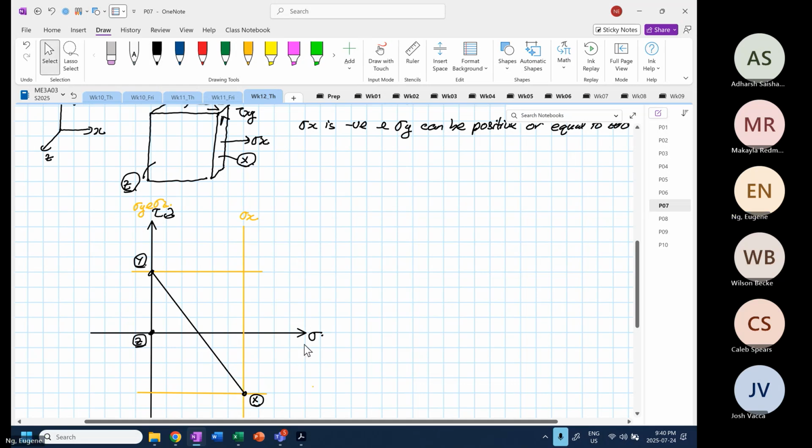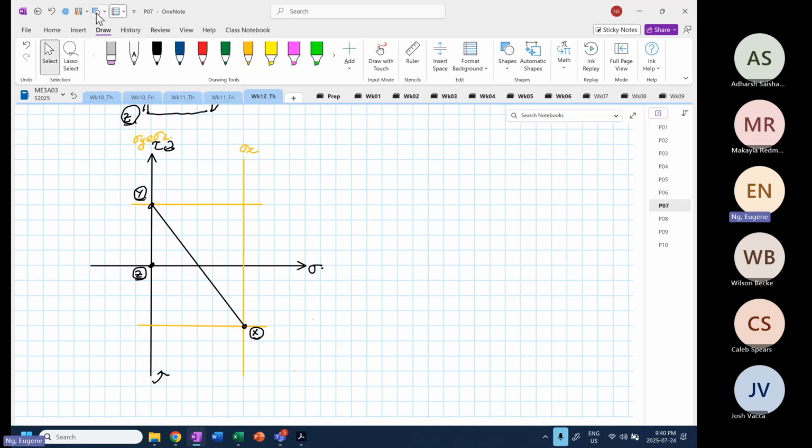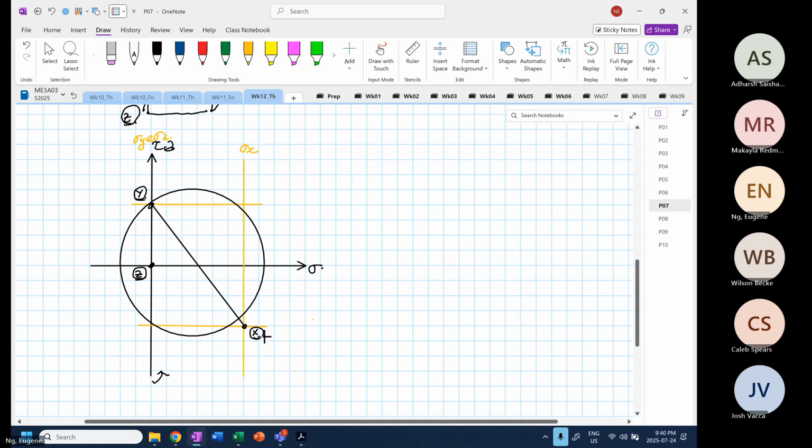Then you draw your 3D Mohr circle now. So this is your one circle.